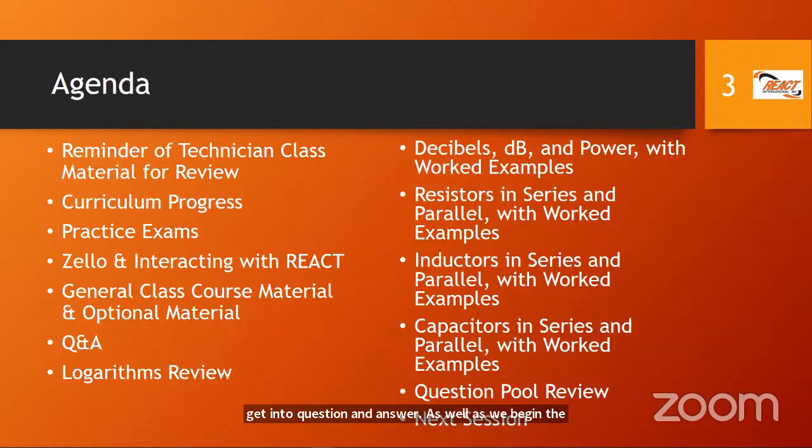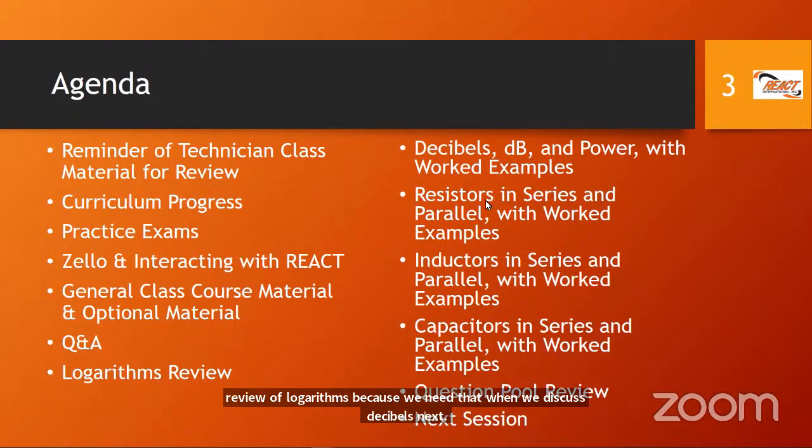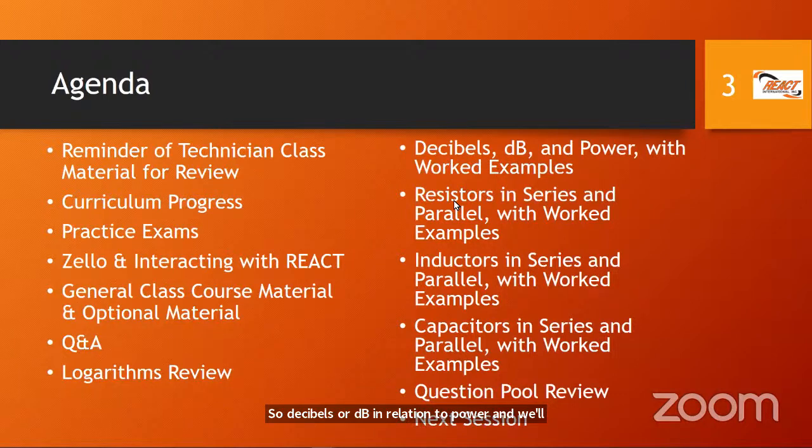So again, this being the level 2 class, which is the general class, we'll do a quick review of logarithms because we'll need that when we discuss decibels next. So decibels or dB in relation to power, and we'll do worked examples. Then we'll talk about resistors that are connected in series as well as parallel and do some worked examples, calculations.